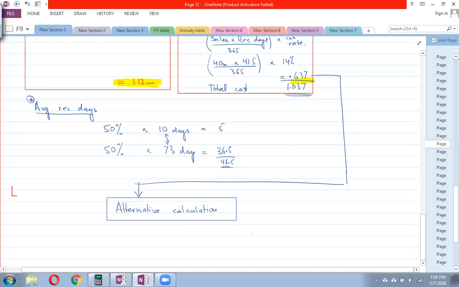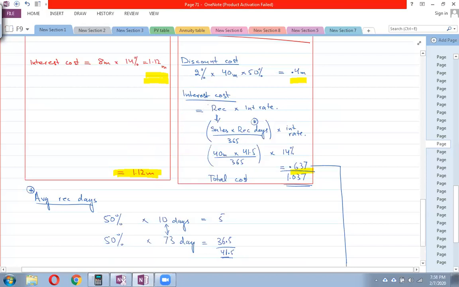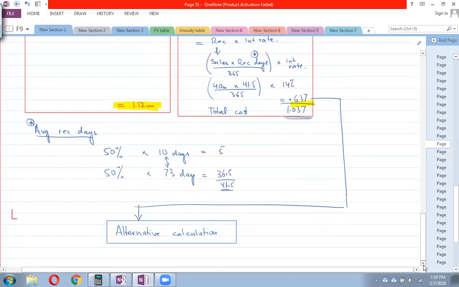Now, watch it very carefully. Rather than calculating the 41.5 average receivable days, I calculate the interest cost in two steps. I calculate the interest cost for those customers who will be paying us in 10 days, and I calculate the interest cost for those customers who will be paying us in 73 days.